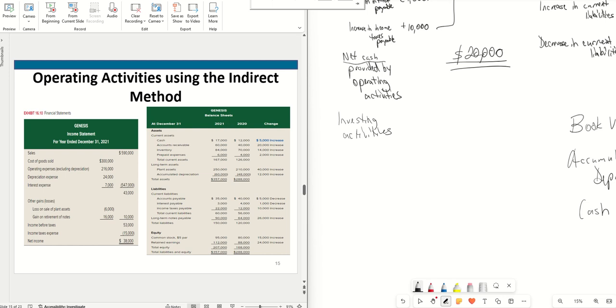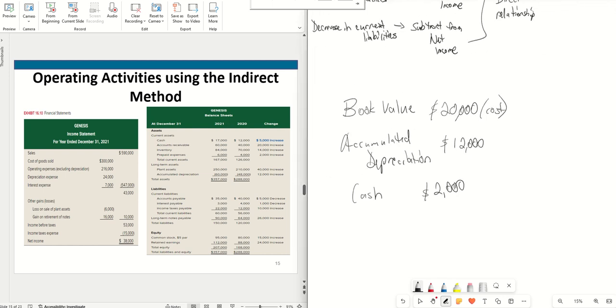investments. So scroll over here. This is provided from this exhibit here, 1610, this book value, accumulated depreciation, and cash. So the book value, we're going to just use this as an example to figure out what our investing activities is going to be.